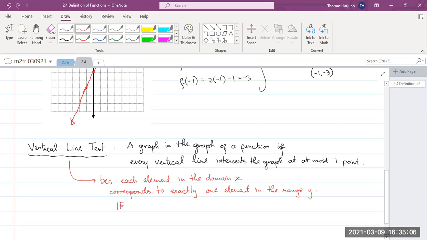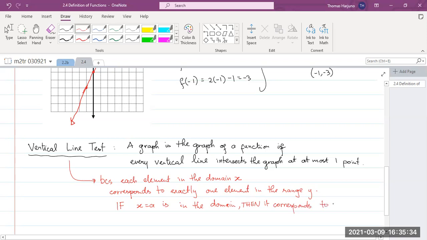If a value of X, let's say X equals a, is in the domain, then it corresponds to exactly one y.